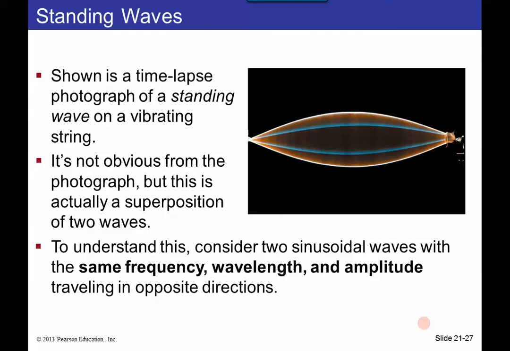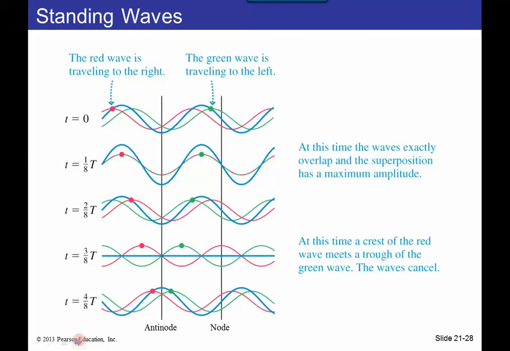Okay, so that's a standing wave. We know what it is now. And this is a similar picture to what we have. So the red wave is traveling to the right. The green wave, in this case, is traveling to the left. When you superimpose the red and the green, you get the blue line, which is always going to have these points, which are called the nodes, right?